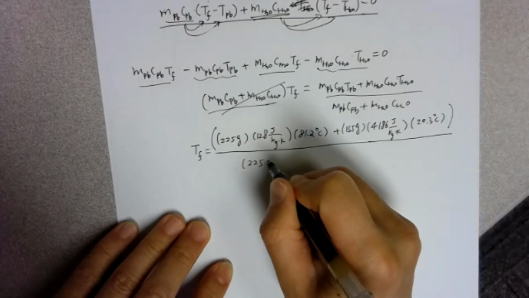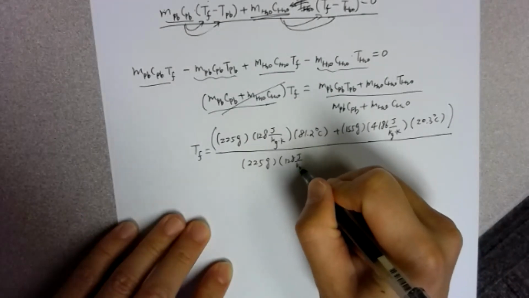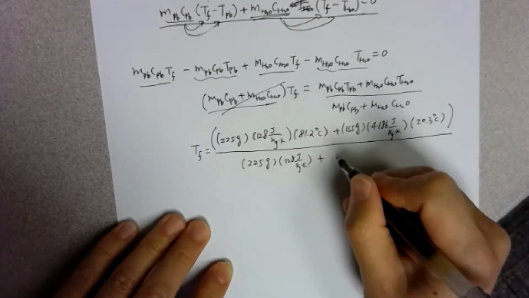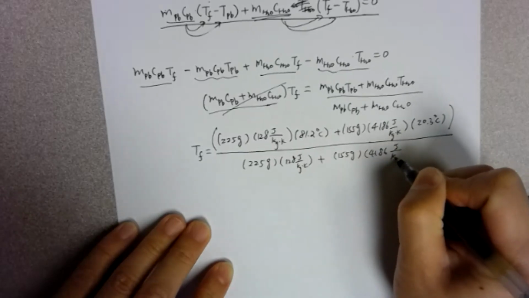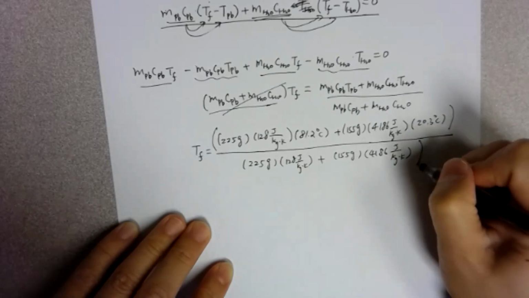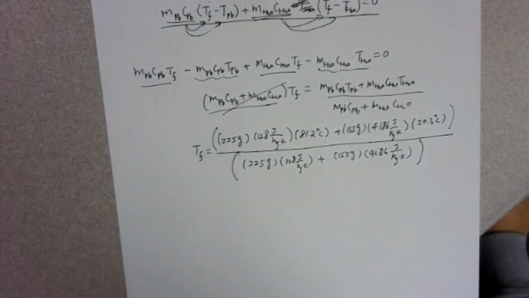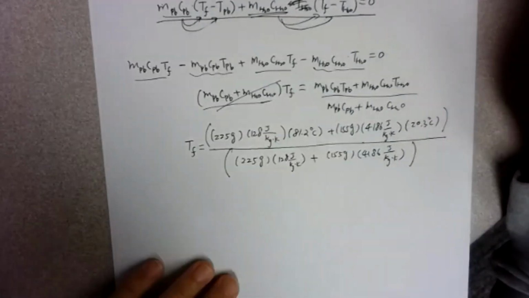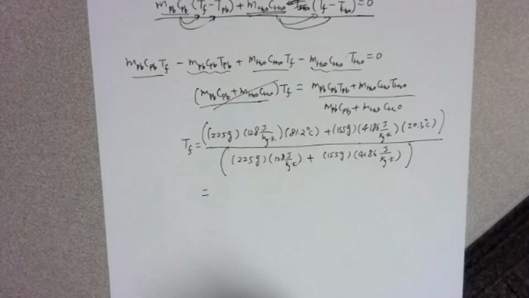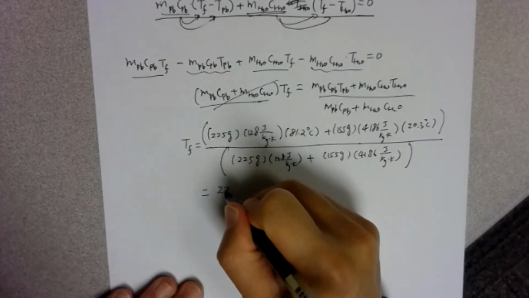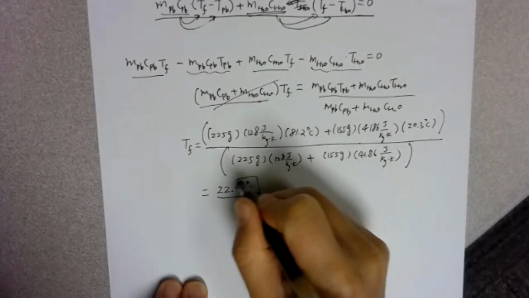So 225 grams times 128 joules per kg times K plus 155 grams times 4186 joules per kg times K. Again, these two add up, so you might want to put a pair of parentheses to include them together. You punch all the numbers in your calculator and you'll get your final number as about 22.9 degrees Celsius.